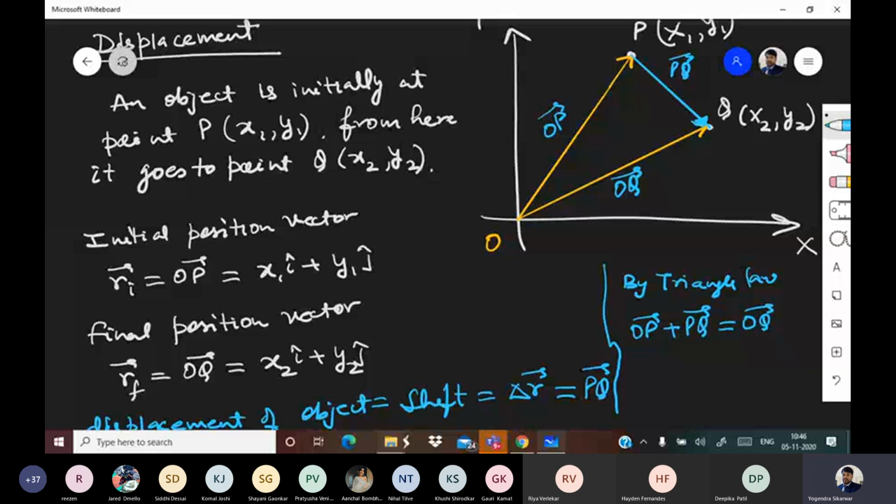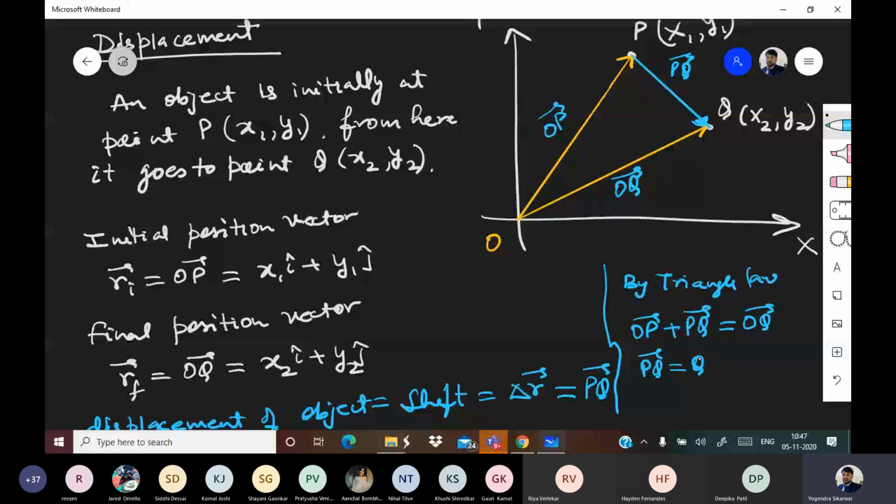Okay. So now from here, if we want to know how much is PQ vector, PQ vector will be nothing but OQ minus OP. So let us write it here.